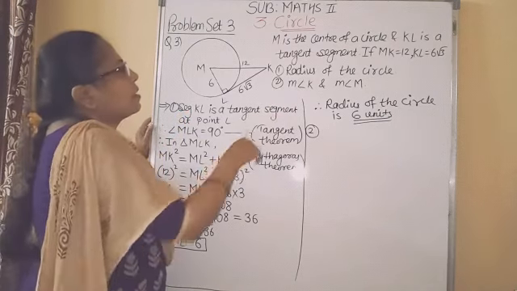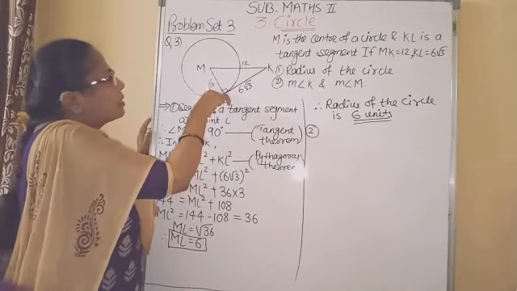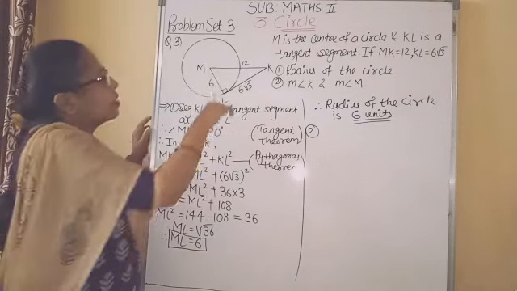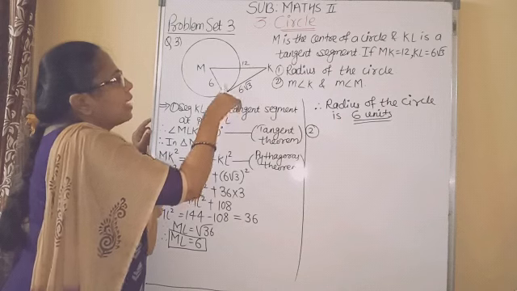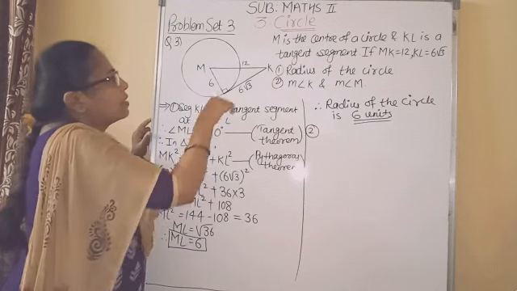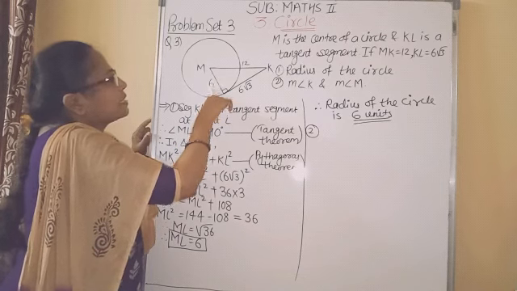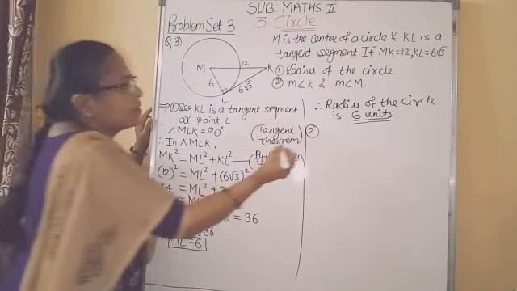Now second. Find angle K and angle M. Now here we have all the three sides of this right angle triangle. MK is the hypotenuse of this triangle and it is 12. And ML is 6, which is exactly half of the hypotenuse.